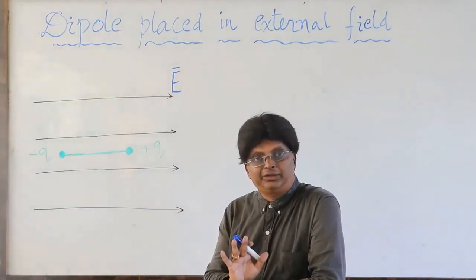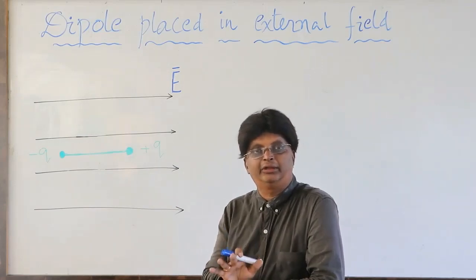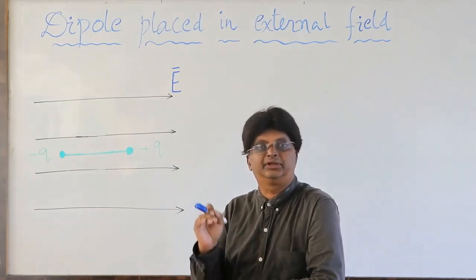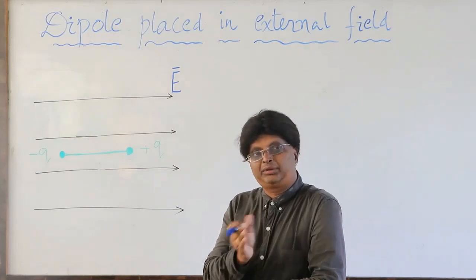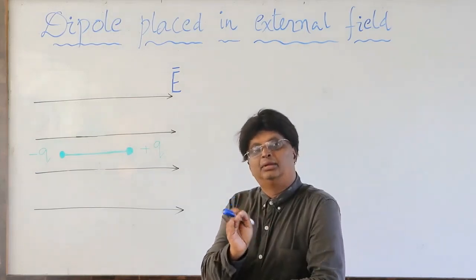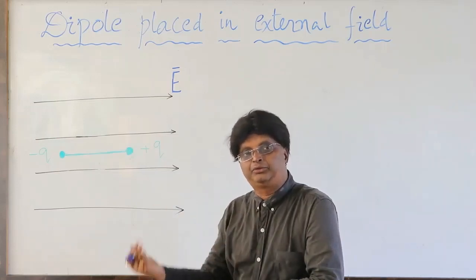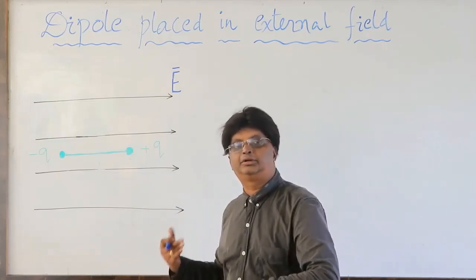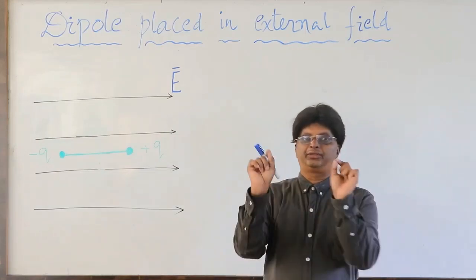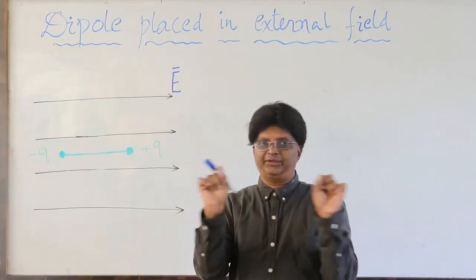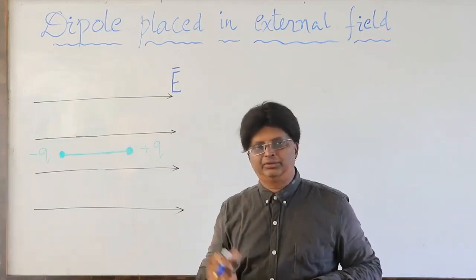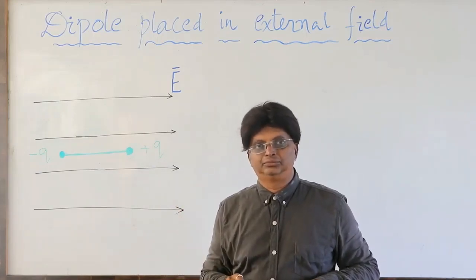And in the case of ionic sodium chloride, Na plus Cl minus, whatever charge the sodium ion bears, the positive, the same but negative charge is borne by the chloride ion. So there are nothing but two charges, and that bond length becomes now the dipole length.